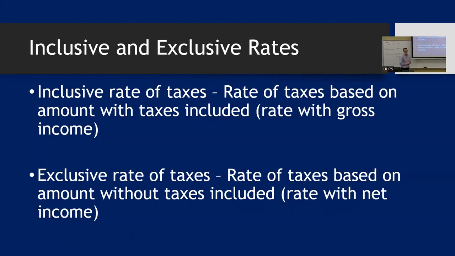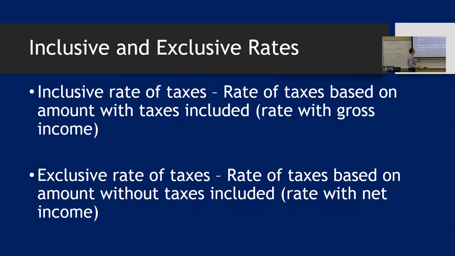The one with taxes taken out, in other words, the one using the net income, is the exclusive tax rate. So the inclusive tax rate is the one with the gross income.